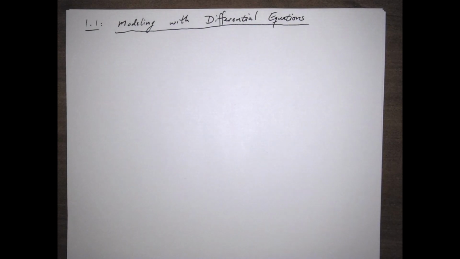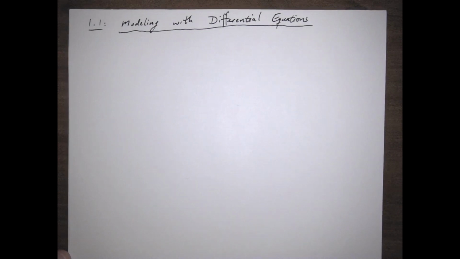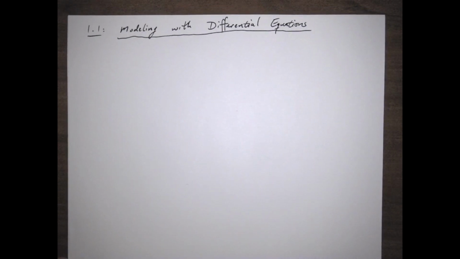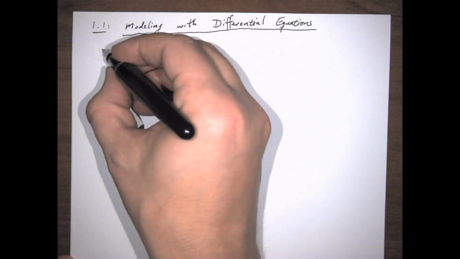So it is not very often in life that we are able to actually immediately formulate a function for a given quantity. What we can often do, though, instead, is we can formulate a relationship that dictates how that quantity is changing. And then the task of differential equations is to essentially figure out what function it was based on its rate of change.